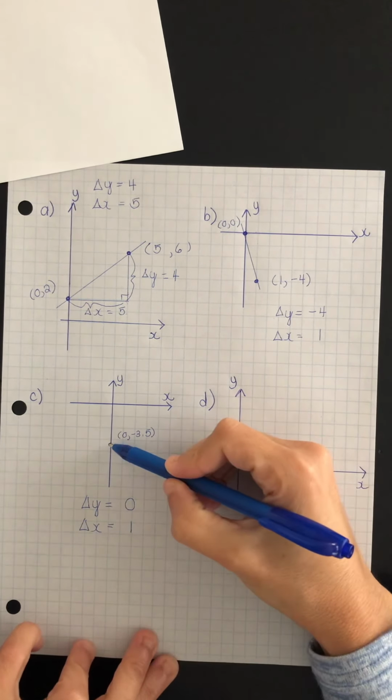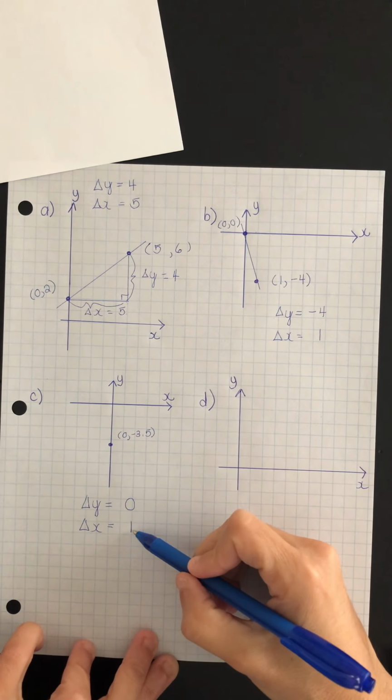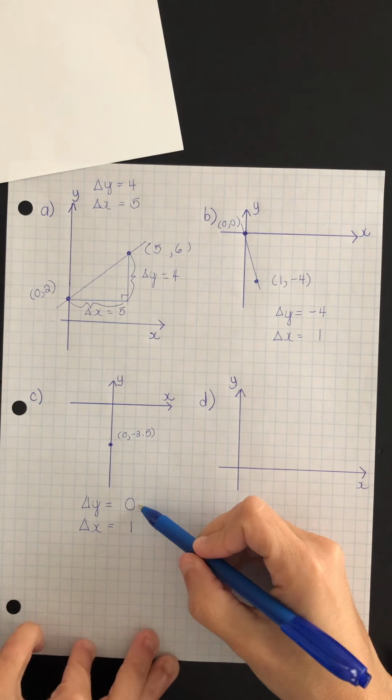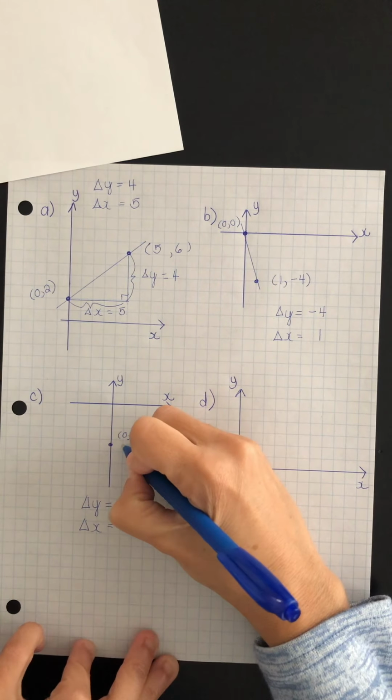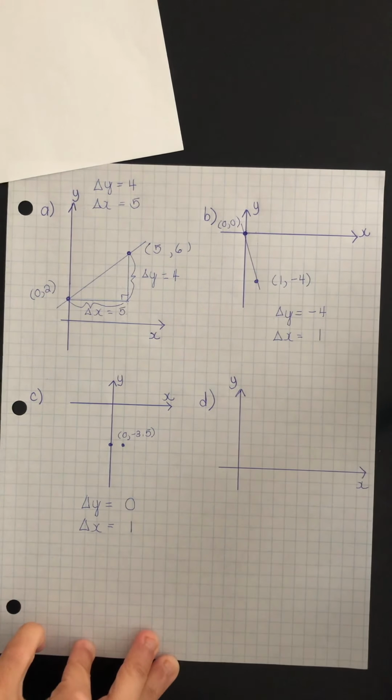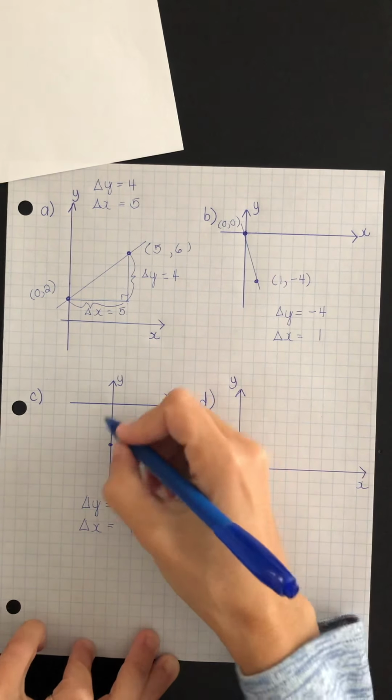So from this point, what would we do? 1 to the right and neither up nor down. So from this point, simply move 1 to the right. And that does give you a second point on the line.